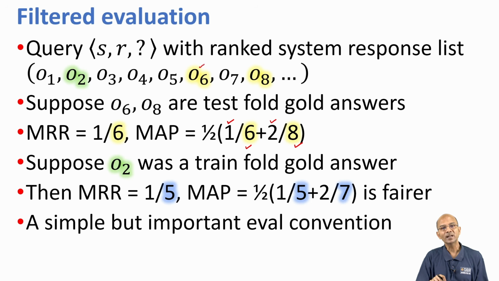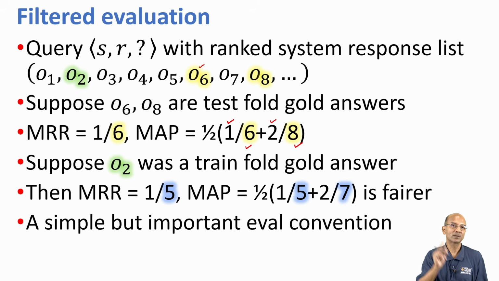But now, suppose that in the training set, O2 was already known to be a correct answer. Then you might say, look, it's unfair to penalize positions 6 and 8 as 6 and 8, because training already revealed to us that O2 was relevant.